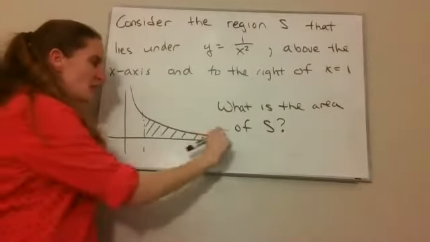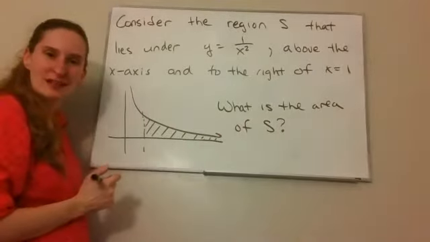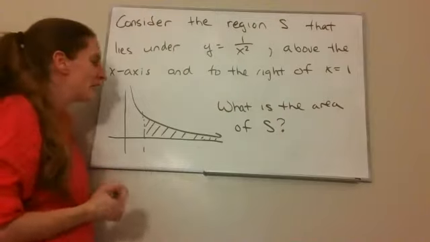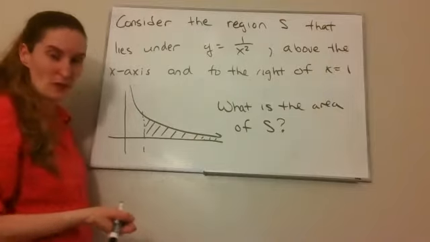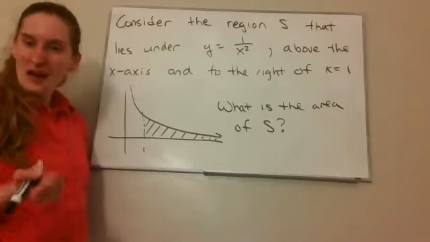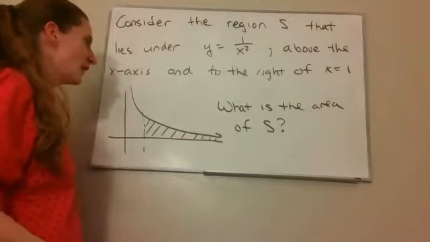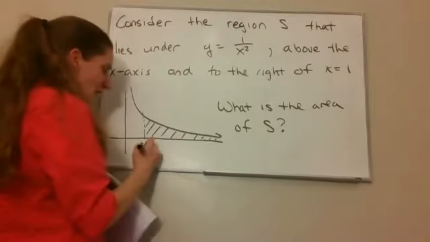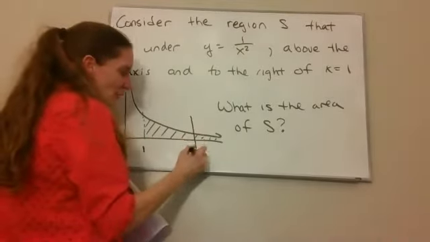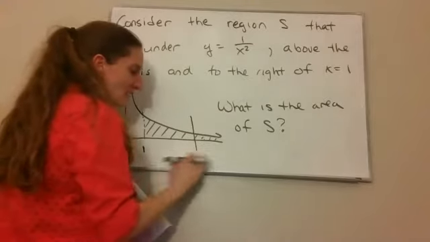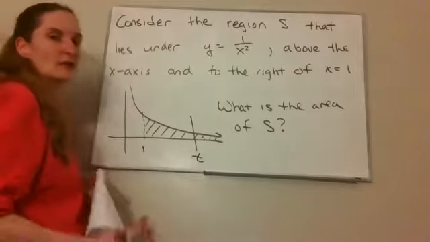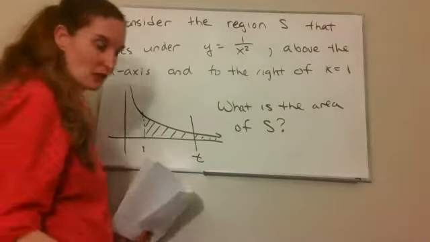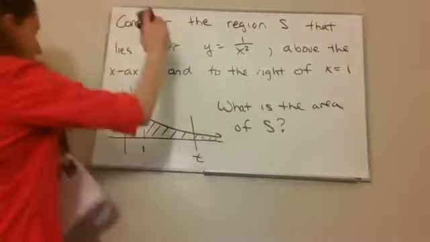So this region here, it goes on forever to the right, but it gets really, really skinny. And your first instinct might be that that area should be infinite because it goes on forever. And that's not always true. To figure out what this area is, we're going to start by just chopping it off at one particular place, t, and we'll find the area between 1 and t first, and then take a limit as t goes to infinity.